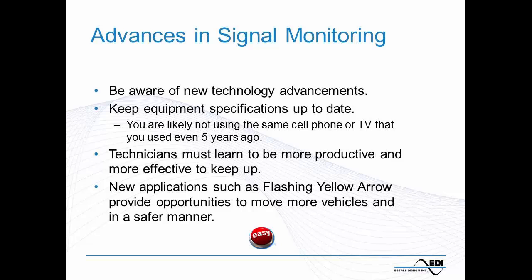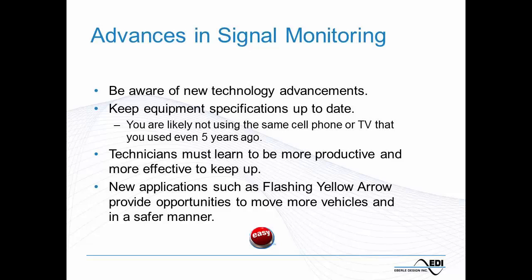Federal Highway, when they first did the NCHRP study, found that there were 12 different methods of protected permissive left turns deployed across North America. Flashing yellow arrow, the 4-section scheme of MUTCD 2009, is intended to eliminate many of those variations and try and get some consistency.